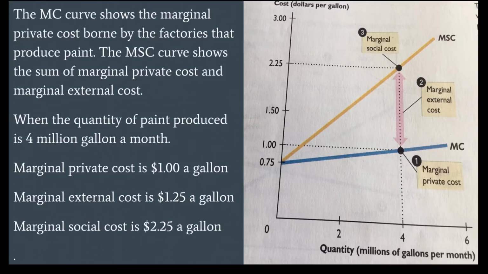The MSC curve shows the sum of marginal private cost and marginal external cost. When the quantity of paint produced is 4 million gallons a month, marginal private cost is $1 a gallon, marginal external cost is $1.25 a gallon, and marginal social cost is $2.25 a gallon.